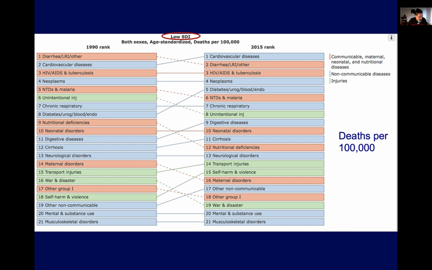And now we're looking specifically at those areas of the world that are lower socioeconomic development index, and here you can see infectious diseases are contributing even more to the top causes of death.